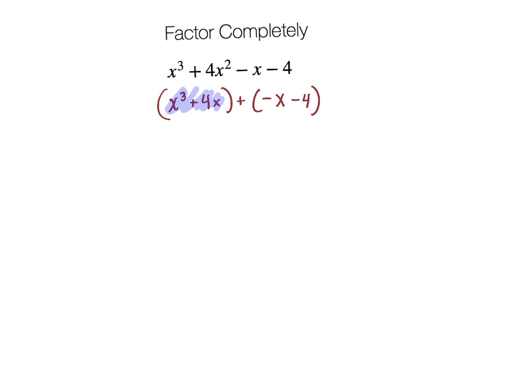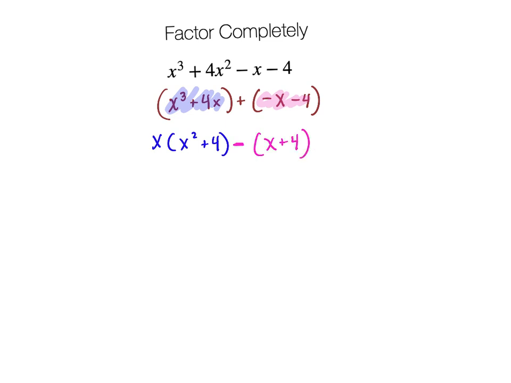We've got an x both of them have in common, so we pull that x out, giving us x squared plus 4. The second group, we can only pull out a -1, so we pull out a negative sign, and that becomes x plus 4.